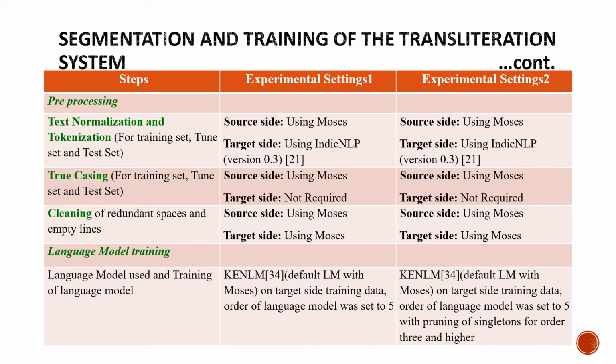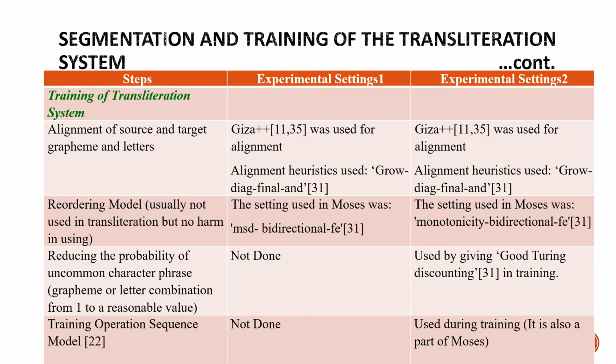For experimental setting 1 and experimental setting 2, the Ken-LM language model was used with order 5, and in experimental setting 2, Ken-LM was used with pruning of singletons of order 3 and higher. In both experimental settings, alignment of source and target graphemes in letters was done using Giza++ with different alignment heuristics.